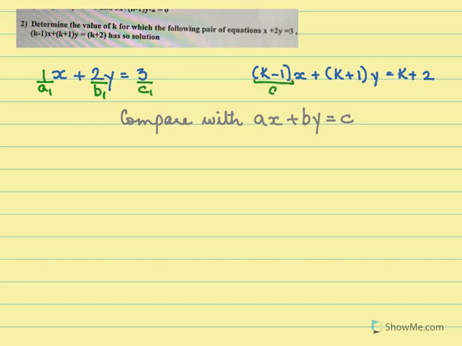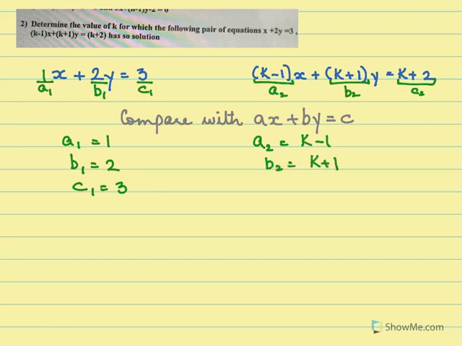Here coefficient of x a2, coefficient of y b2, constant term c2. Now, a1, b1 2, c1 3, here a2 k minus 1, b2 k plus 1, and c2 k plus 2.